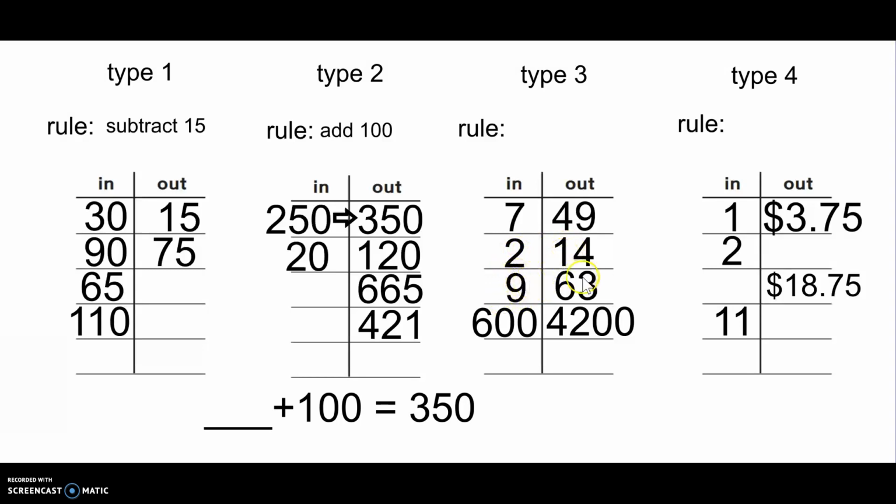And then 9 to 63, 600 to 4,200. What could my rule be? My rule was multiply by 7.